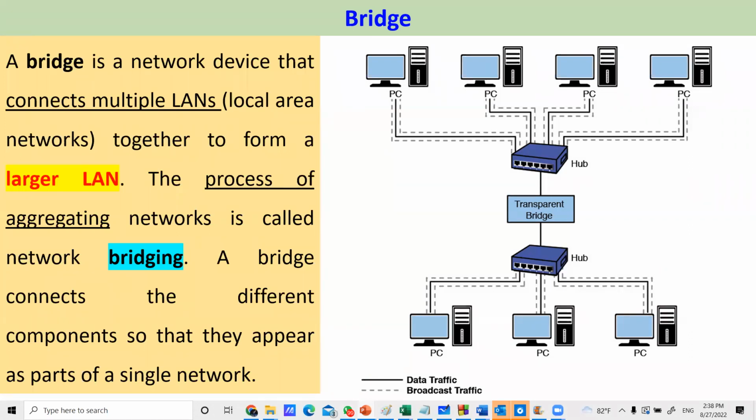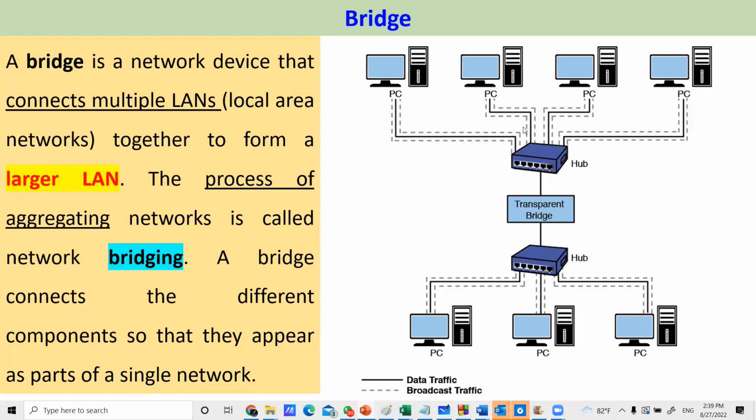If you want to establish a larger network by connecting small networks, sometimes you need this in working places. You need to expand your local area network by connecting other local area networks. And think about how you are going to connect one local area network with another.